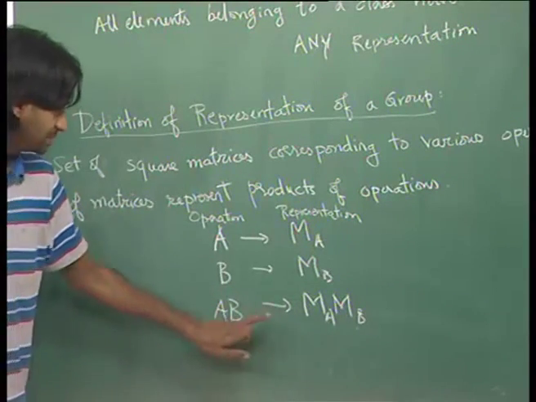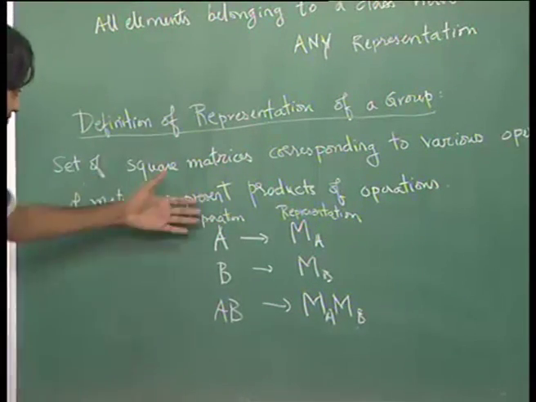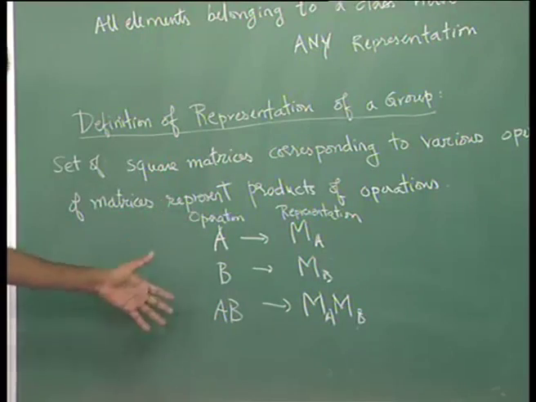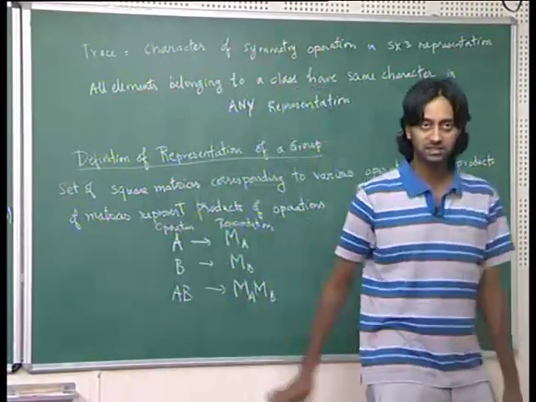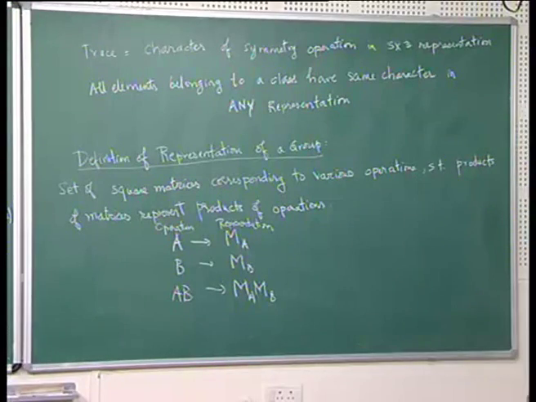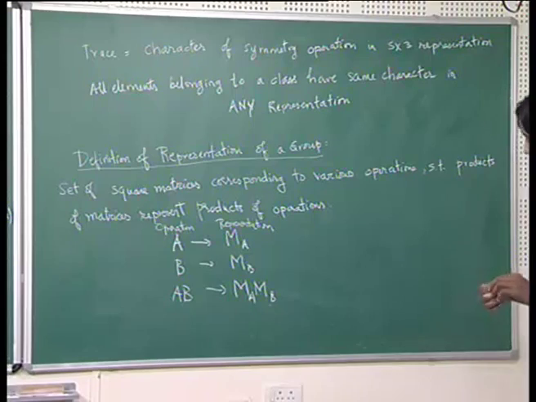So, A B is represented by M A M B, and if this is true for all elements of the group, all the symmetry operations of the group, then this is a valid representation.